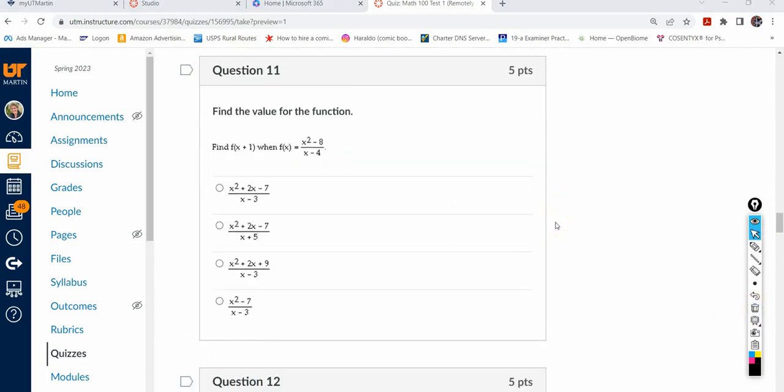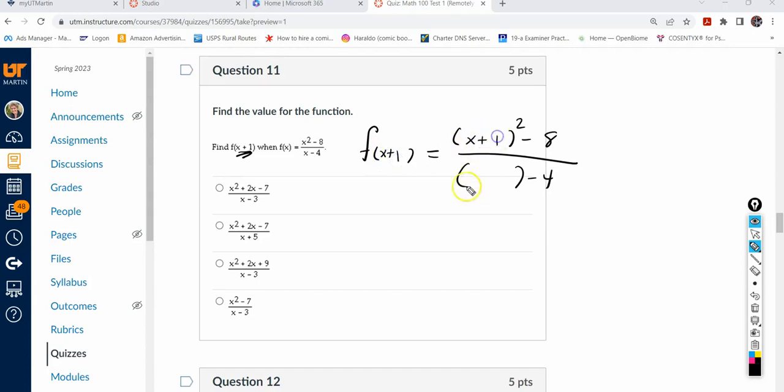All right, now we want f evaluated at x plus 1. So again, I'm going to rewrite this formula, and I'm going to have blanks instead of where the x was. And now inside, I'm going to put x plus 1. And again, in that numerator, x plus 1 all squared is not x squared plus 1 squared.